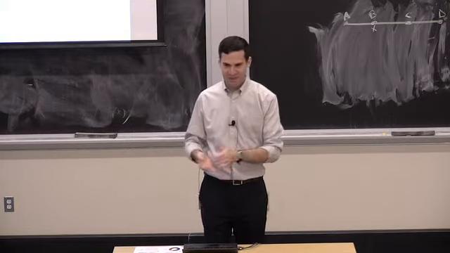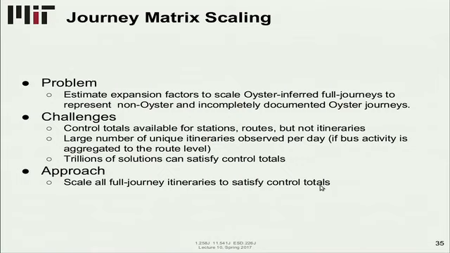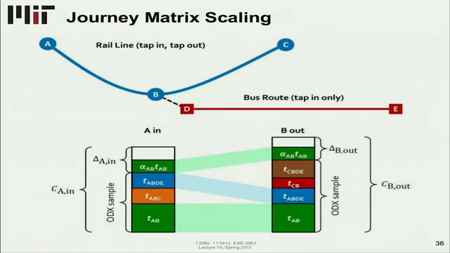So why not do it that way? It could be more accurate. It's challenging because there are many possibilities, and there are some places that people go through that don't have good control totals. But essentially, we can follow an approach that is, in essence, IPF, but applied not to boardings and alightings, but, you'll see, to the scaling factors themselves.